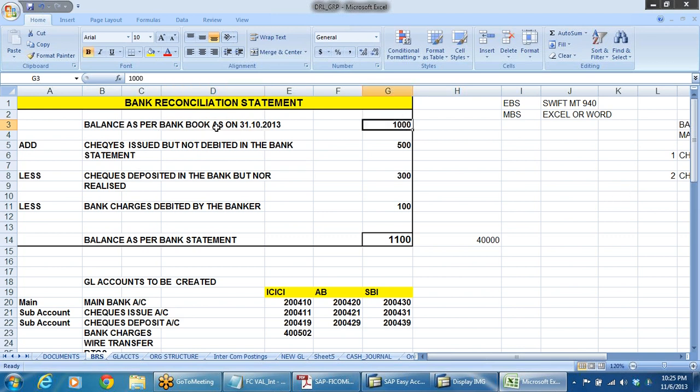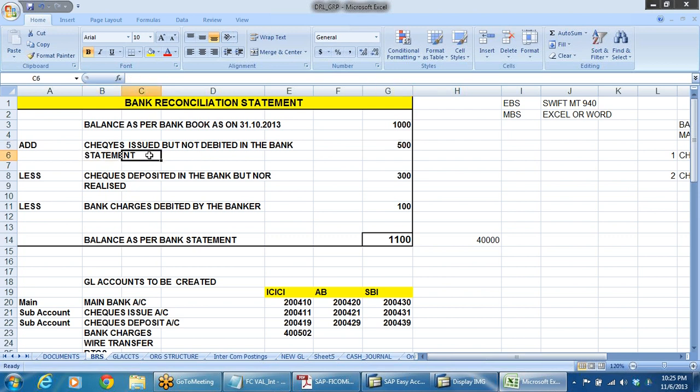Say the balance as per the bank book, meaning the book maintained by me, is 1000 rupees, but the balance as per the bank statement is, say, 1100. Then what is the difference? The difference is nothing but checks issued but not debited in the bank statement. I have issued 500 rupees worth of checks, but they are not debited.